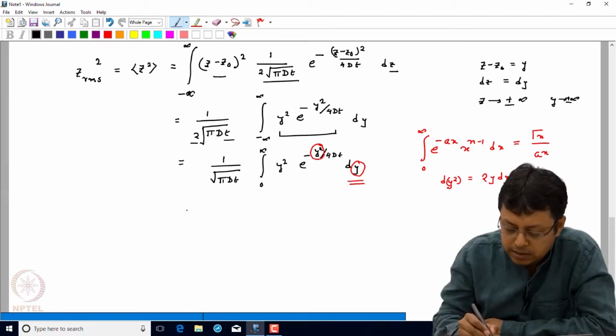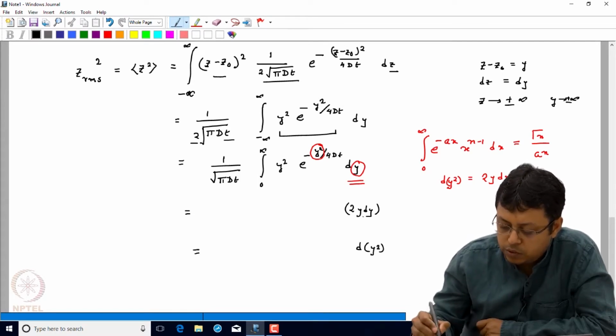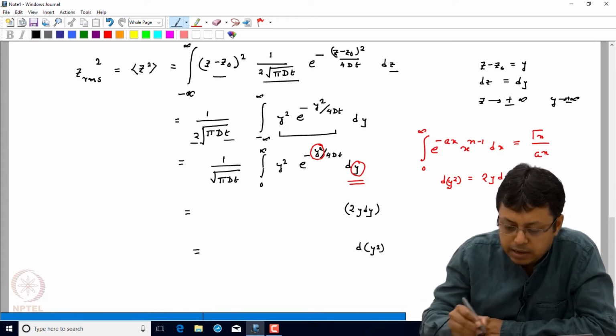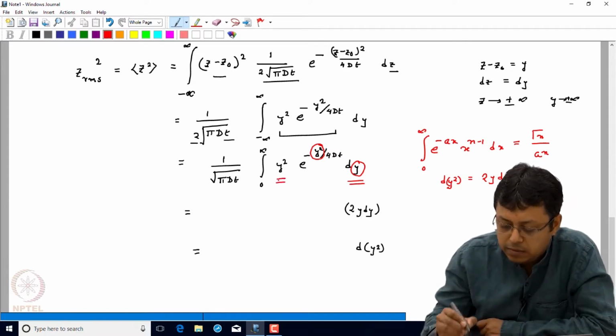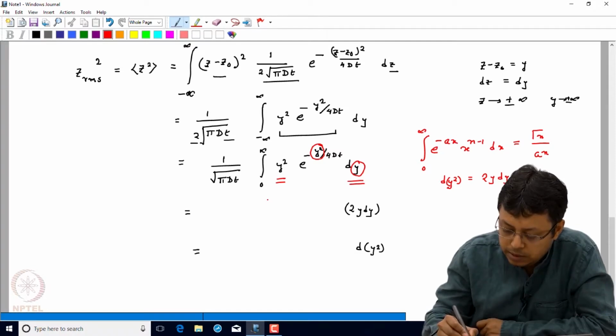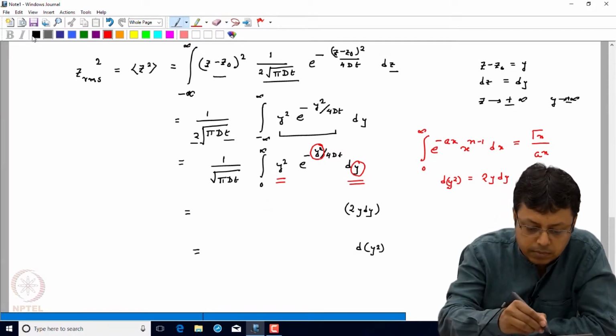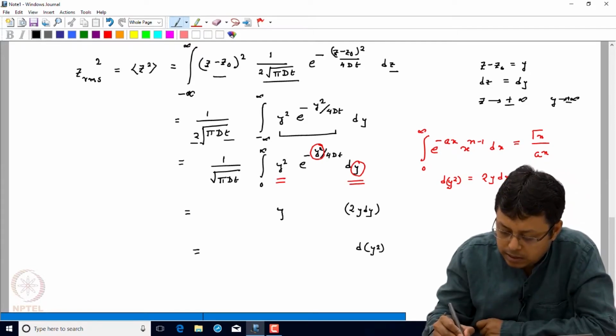So let us just write it. So I will write it as 2y dy, so that in the next step I can write it as d of y square. Now if I have 2y dy, I have taken one y from here, so the y square becomes actually y, and then I have e to the power minus y square by 4 dt.